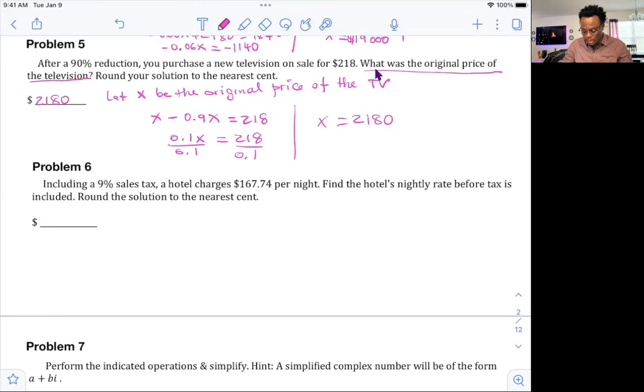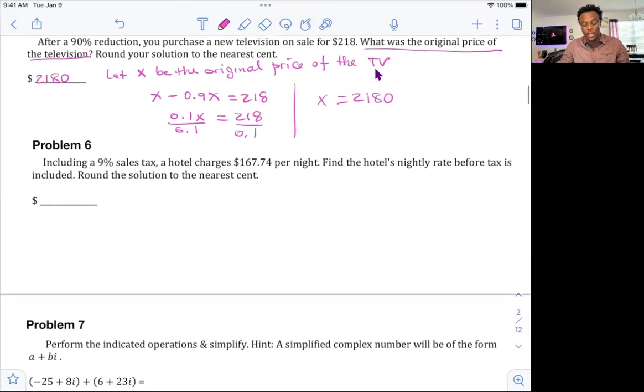And then problem number 6, it says including a 9% sales tax. So that means combined, a hotel charges $167.74 per night. It says find the nightly rate of the hotel before tax.